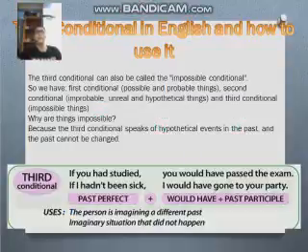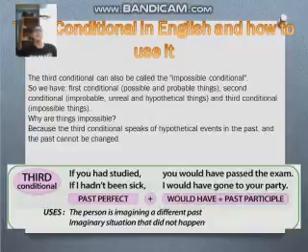Third conditional and how to use it. Third conditional can also be called the impossible conditional. So we have the first conditional for possible and probable things, the second conditional for improbable, unreal, and hypothetical things, and the third conditional for impossible things.